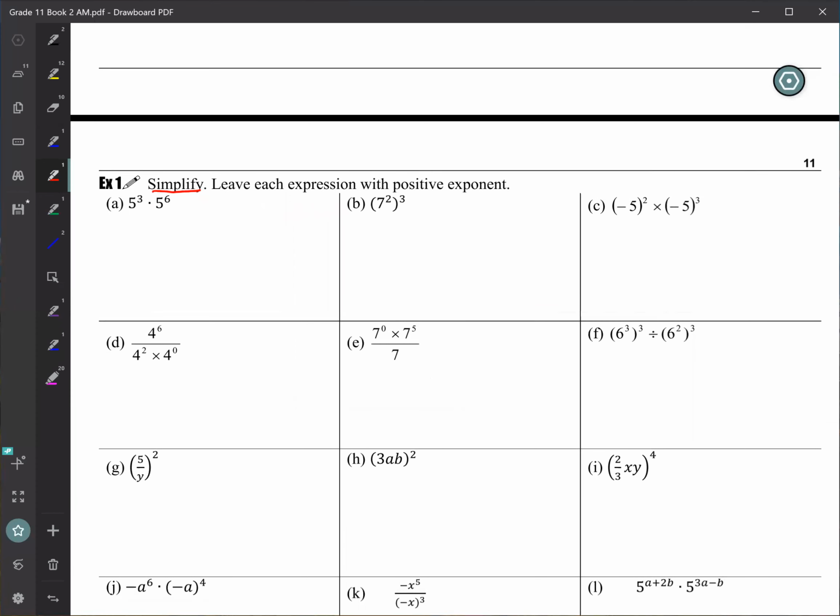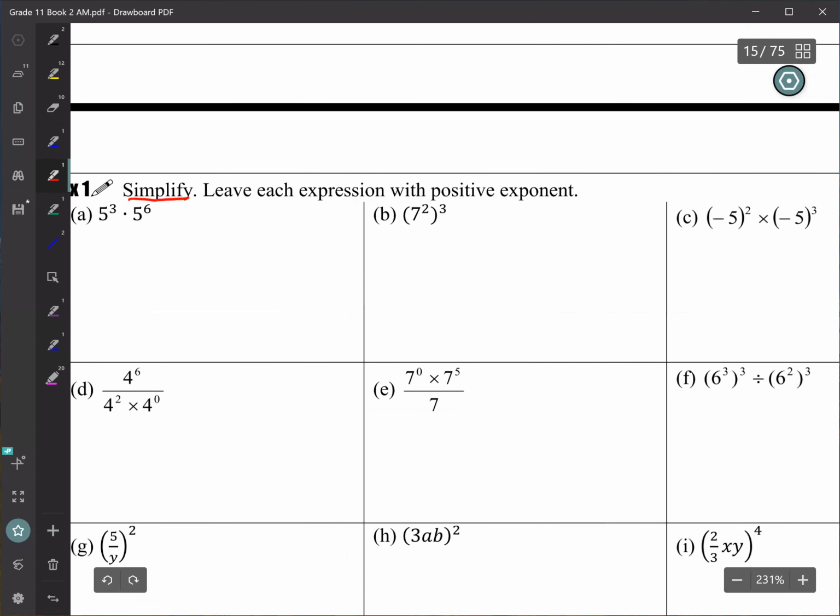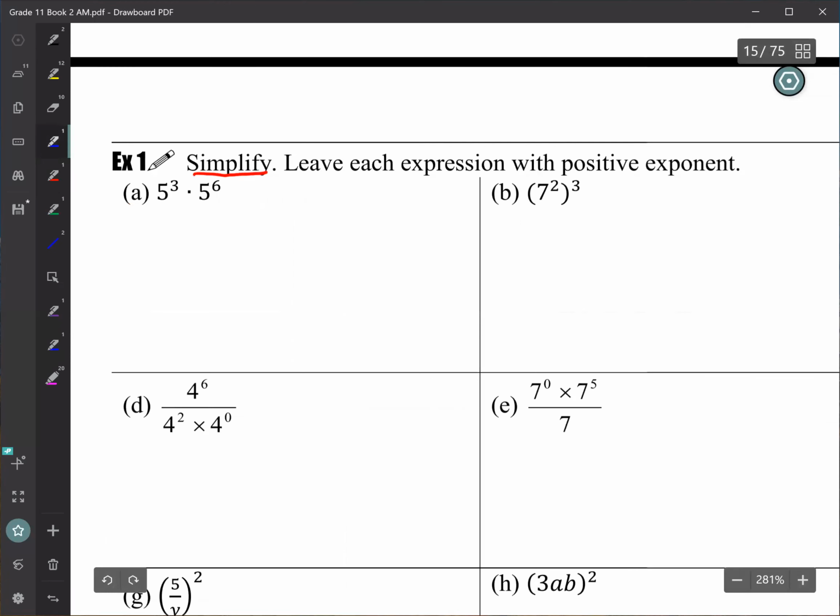So for example, like question 8, of course, this one you just add. So if you get 5 to the 9, you add the exponent. You do not need to find out what it equals.